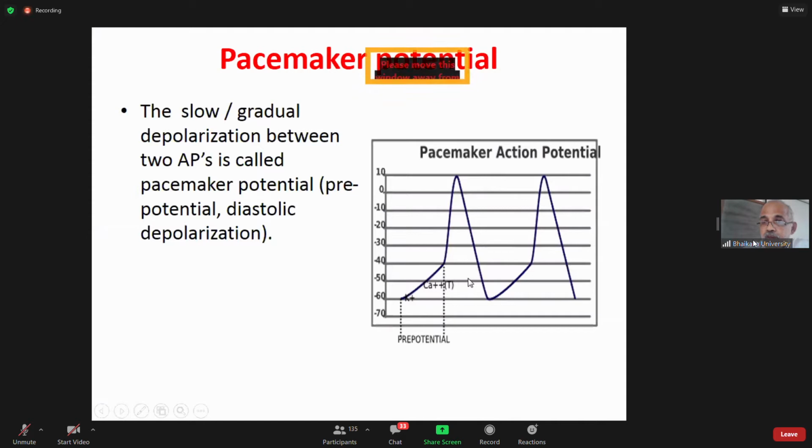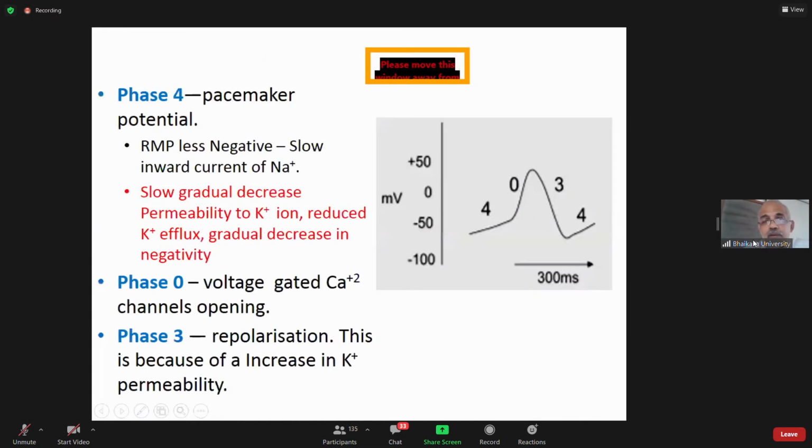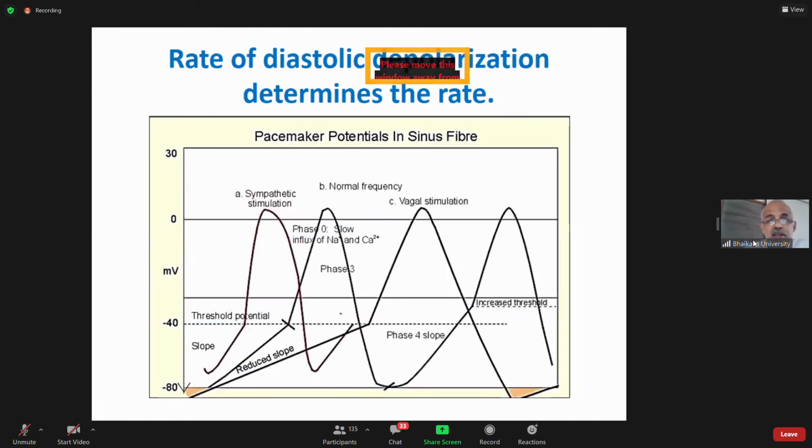If the slope is slow, then it will fire slowly. We'll see the next figure. If the slope is steep, the rate will be fast. If the slope is shallow, then the rate of generation will be slow.